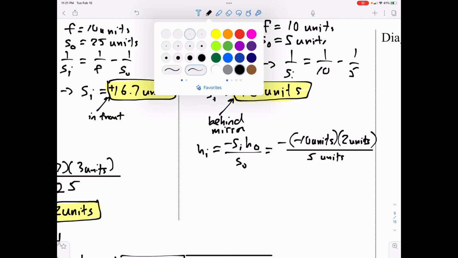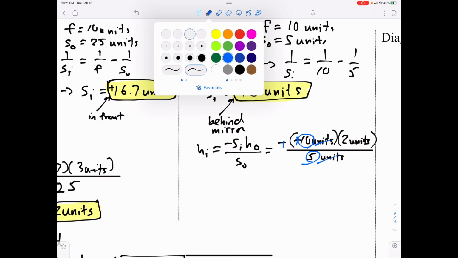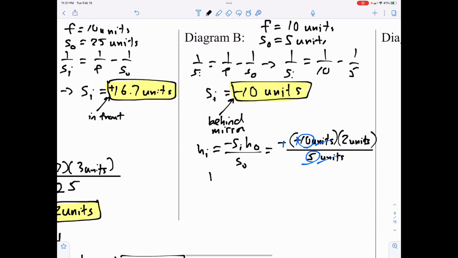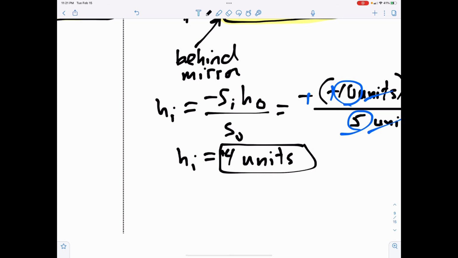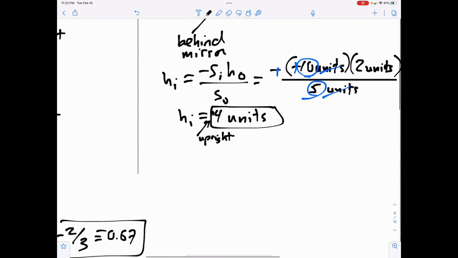So if you look at what we have here, that goes into that 2 times. Negative, negative cancels. And 2 times 2 means we have an image height of about 4 units. That makes sense because we had a bigger image. Now, it's positive, which means it's going to be upright. Positive height is upright. Negative height is inverted.